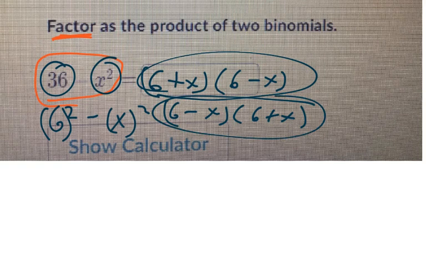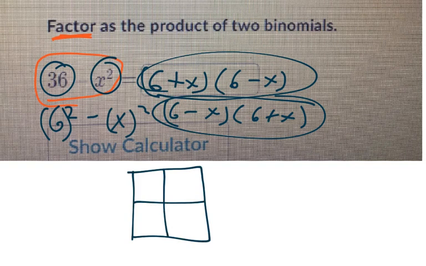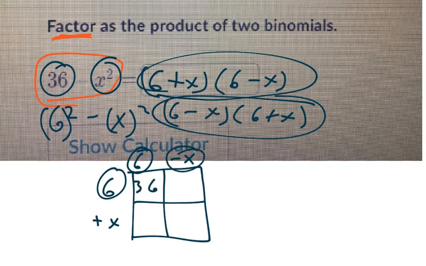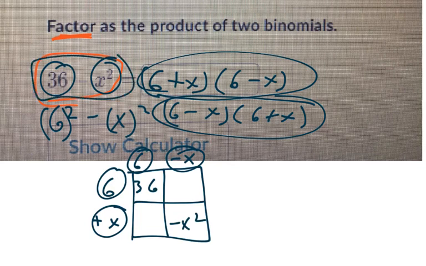Now, I also hope you understand why the difference of squares works the way it does, because if we go ahead and do the math here with the area model, as some of you guys like to do, notice how 6 times 6, of course, is 36. Minus x times x is your minus x squared. That's what we had to begin with.